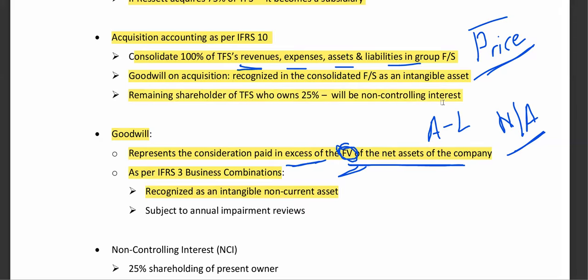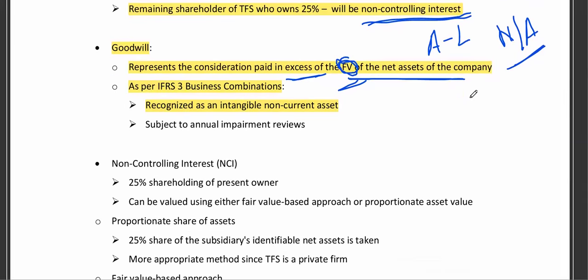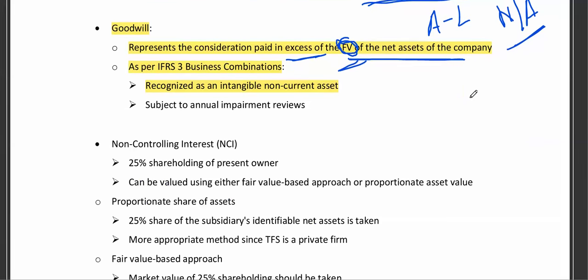So this shareholder has an interest in the company, but he does not have a shareholding which would enable him to control the company, and that is why we refer to that shareholding as the non-controlling interest, NCI. So in this instance, when it comes to the goodwill calculation, we should arrive at a valuation for the 25% shareholding which belongs to the non-controlling interest.